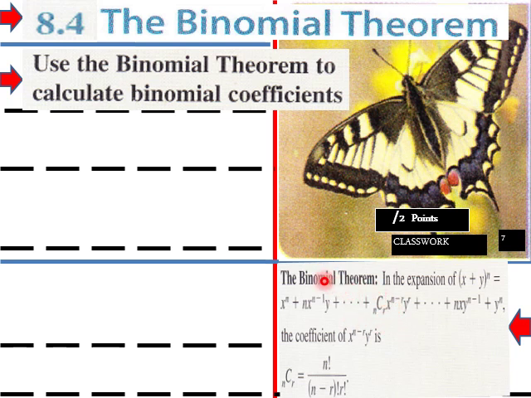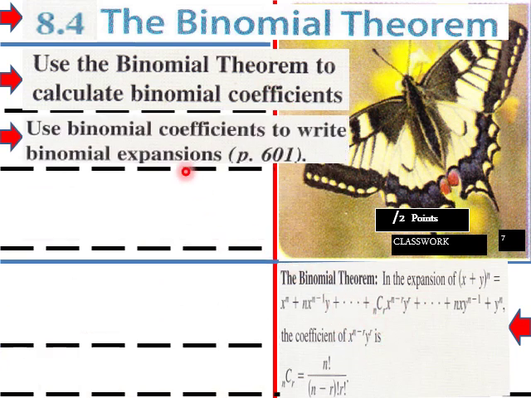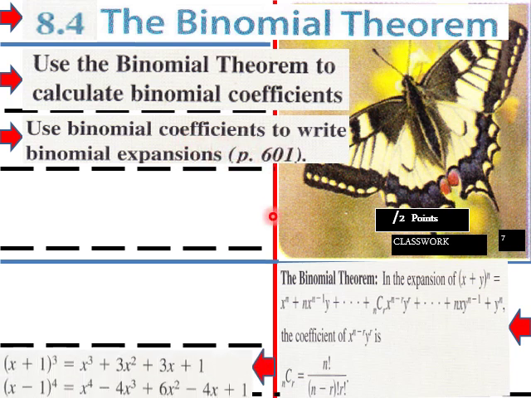And then this would be an example here of the expansion using the binomial theorem. And by using that, you would figure out your coefficients. And then use binomial coefficients to write binomial expansions. So for that one here, this would be that.